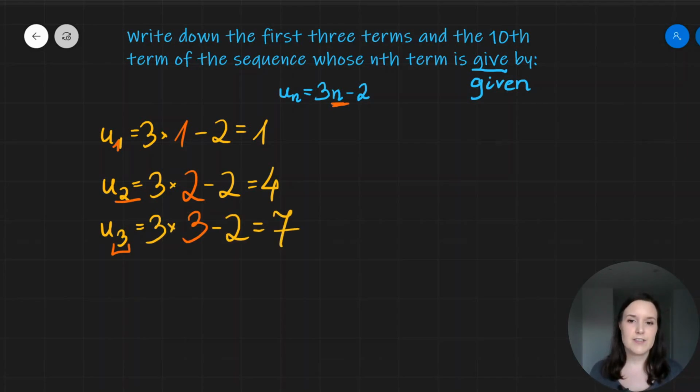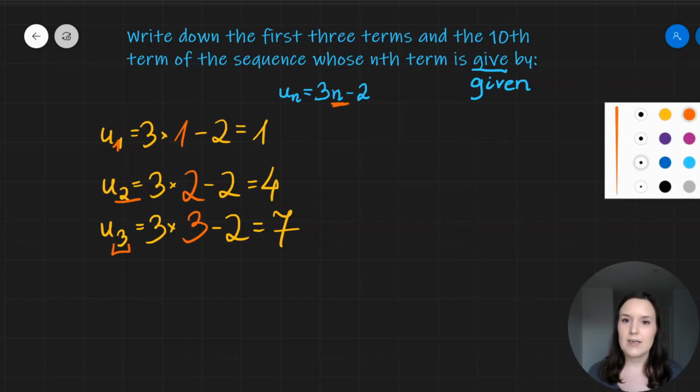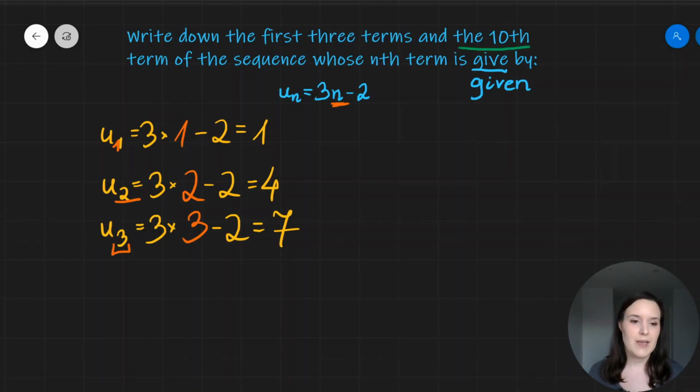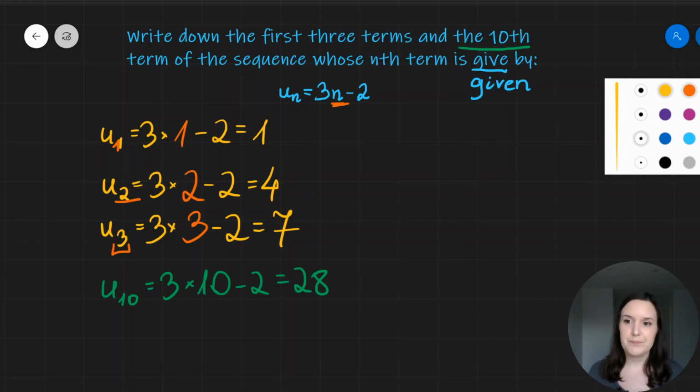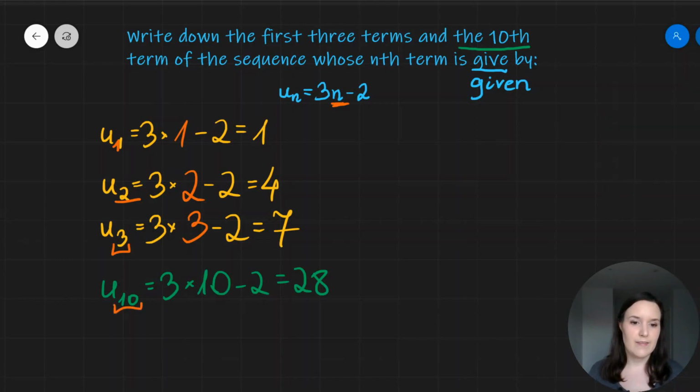These are the first 3 terms. And I can also calculate, as I am asked to do here, the 10th term. The 10th term, so u10, will be 3 times 10 minus 2, which is 28. And there you go. You have the 10th term.